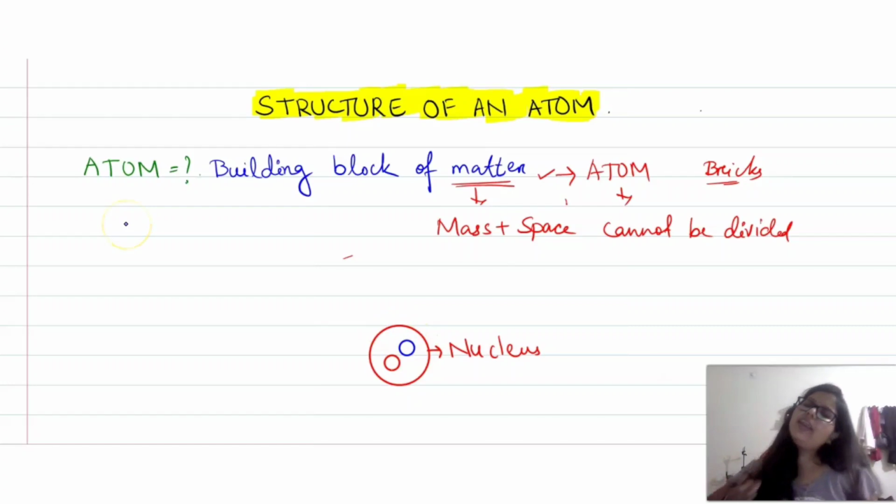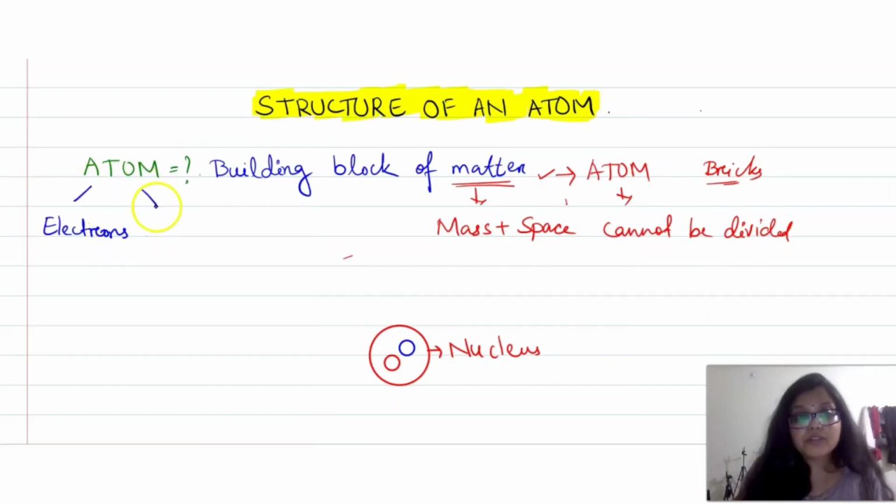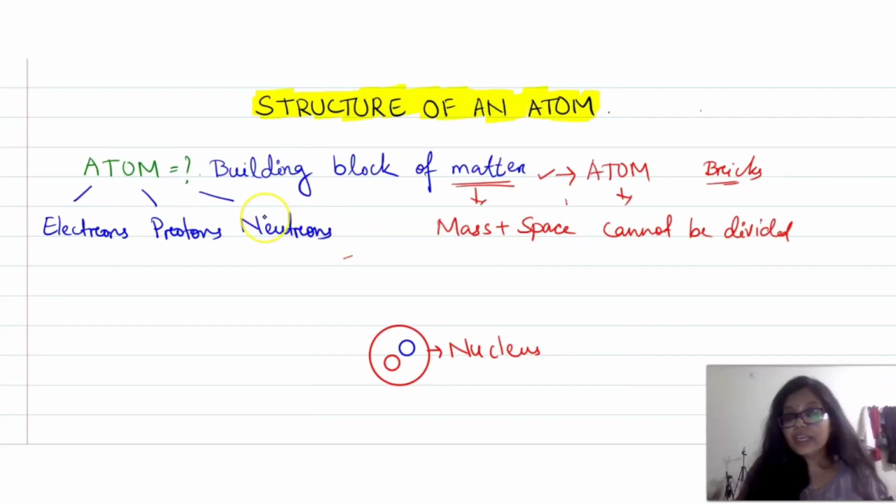Now you must be wondering, there are actually three things in an atom. What are the three things in an atom? There are electrons, protons, and neutrons. These three combine to form an atom.